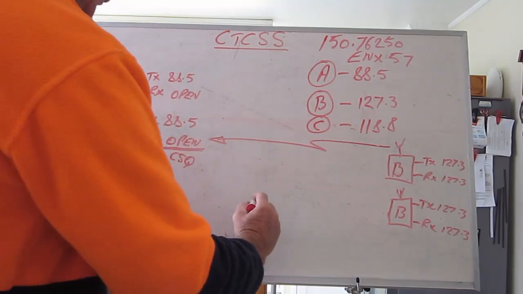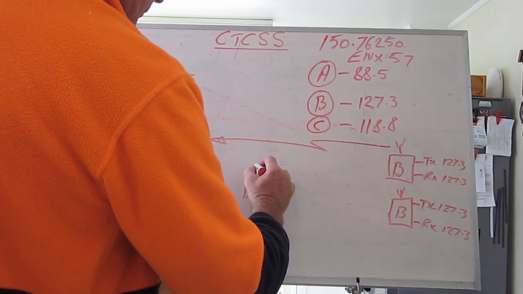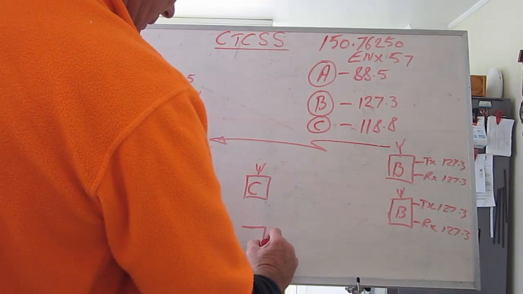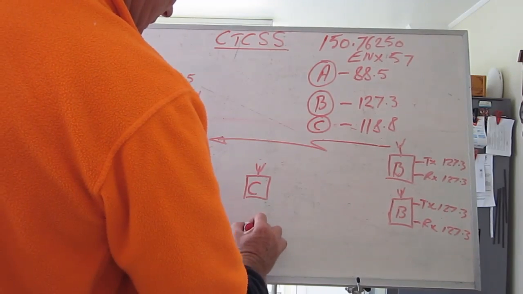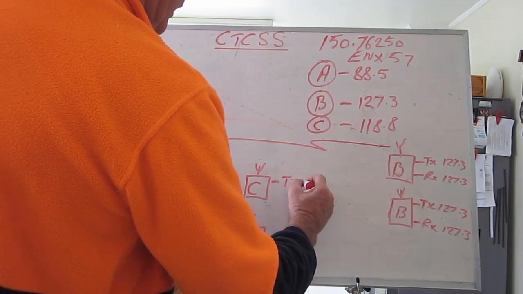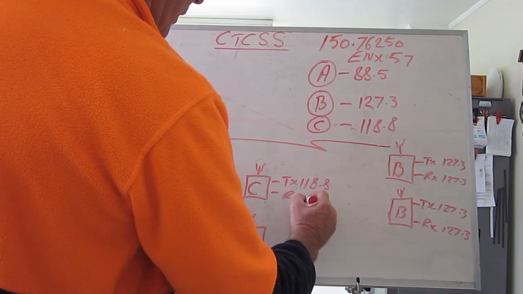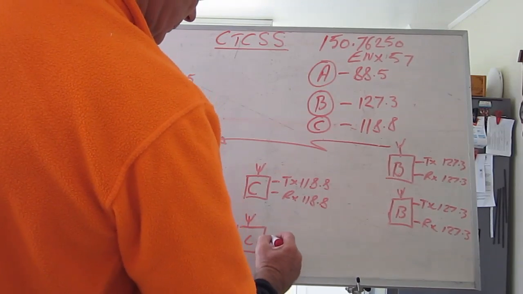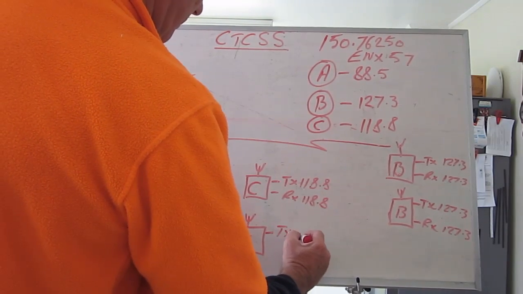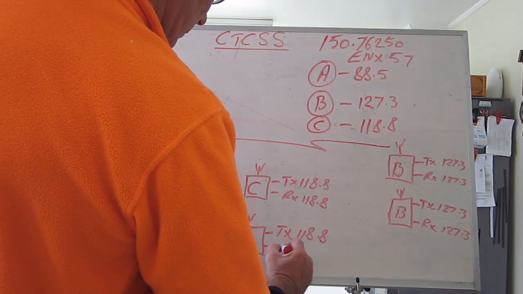These guys, I'll draw them down here, quite happily able to talk among themselves. They were correctly programmed with TX of 118.8 and RX of 118.8, and I'll draw it here again just to illustrate that there was actually a fleet involved.